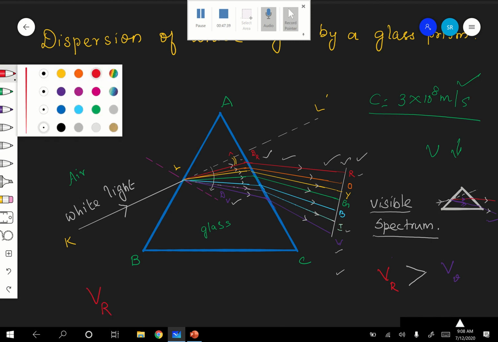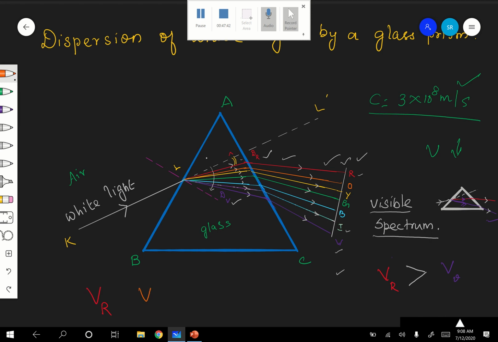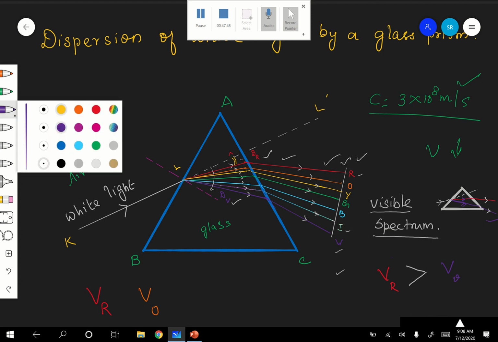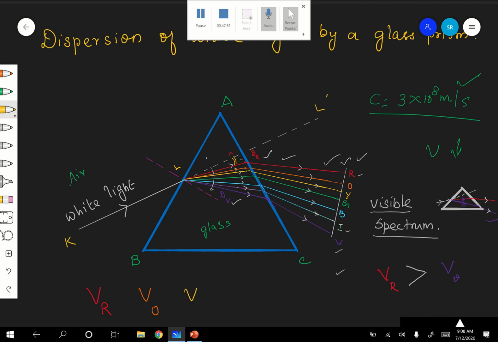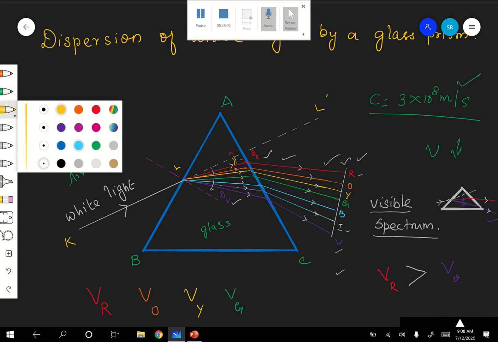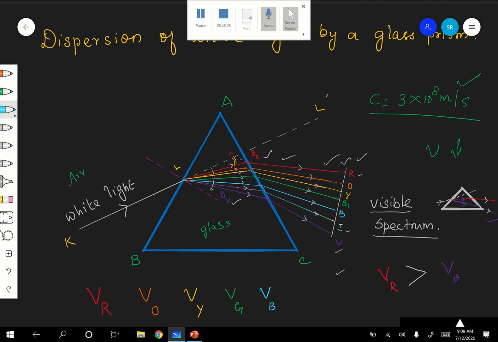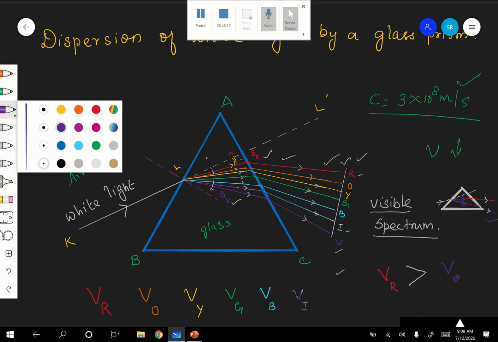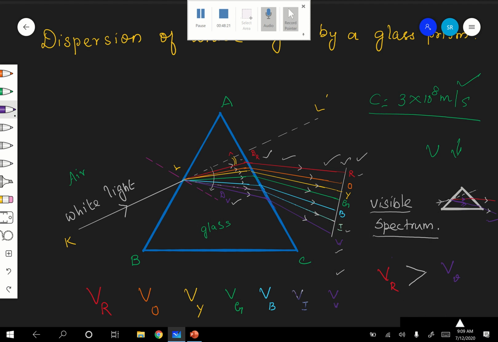Okay, I am trying my best to make you understand. If I write, V red will be maximum, and the next one is V orange, then V yellow, then V green, then V blue, then V indigo, then V violet. We are going in descending order of velocity, speed.